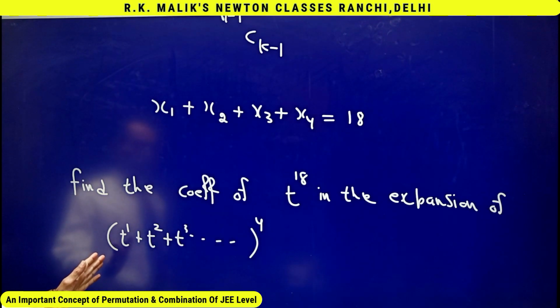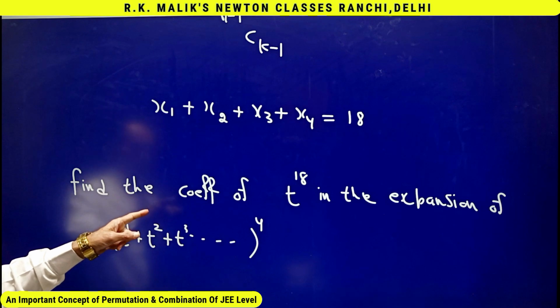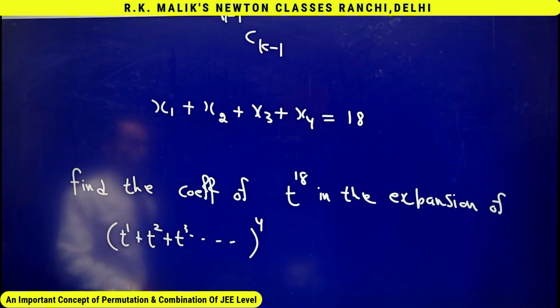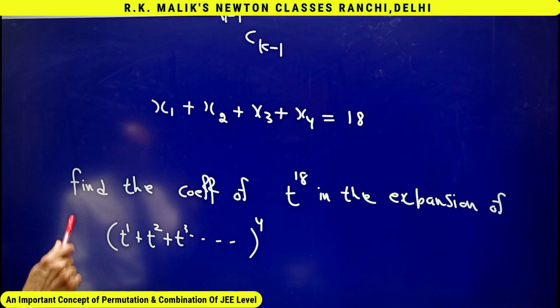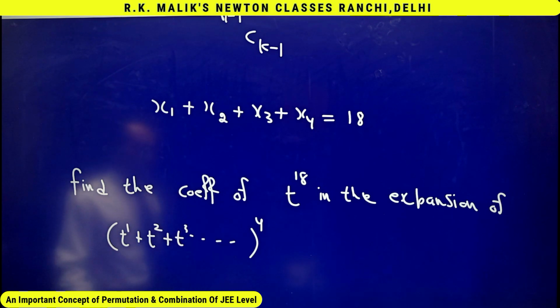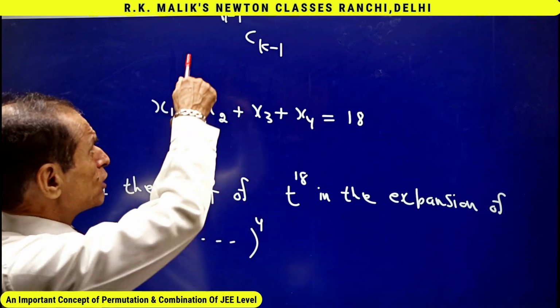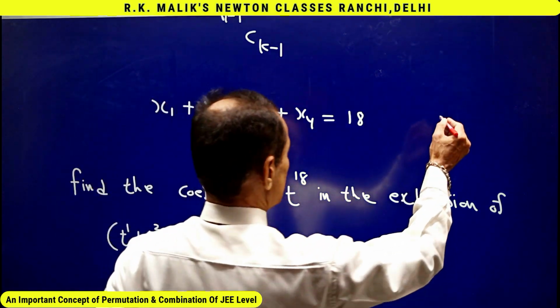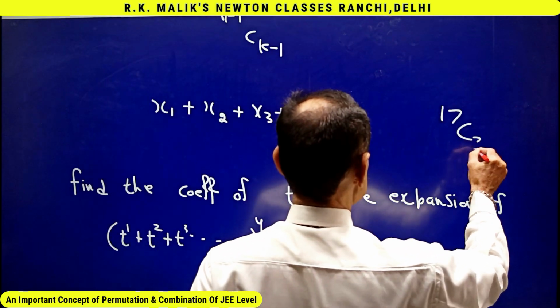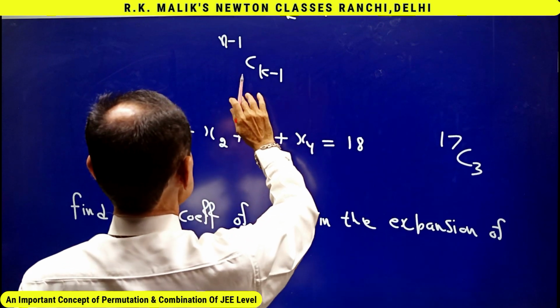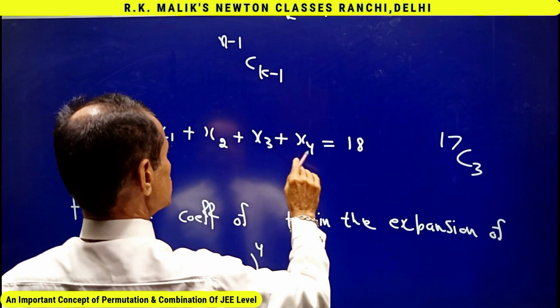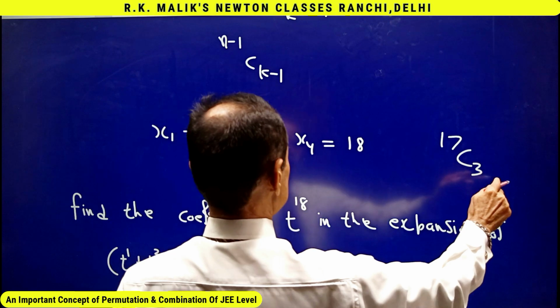And the coefficient of t to the power 18 in the expansion of this will give you the number of natural solutions of this equation, and I will prove that the answer will be according to this formula, that the answer is 17C3 because n minus 1 c k minus 1 means 18 minus 1 c 4 minus 1, that is 17C3.